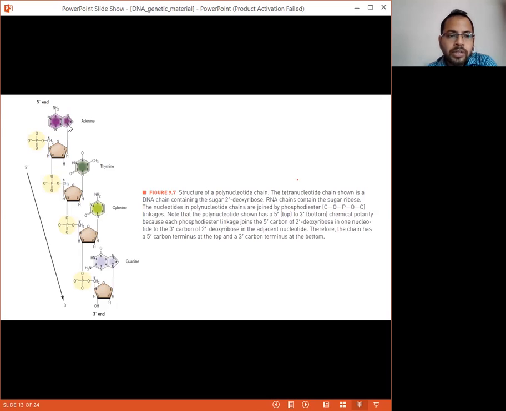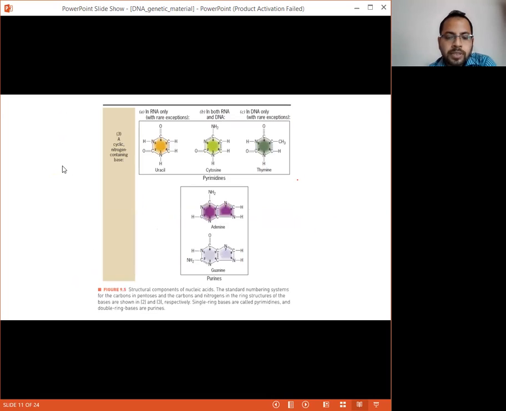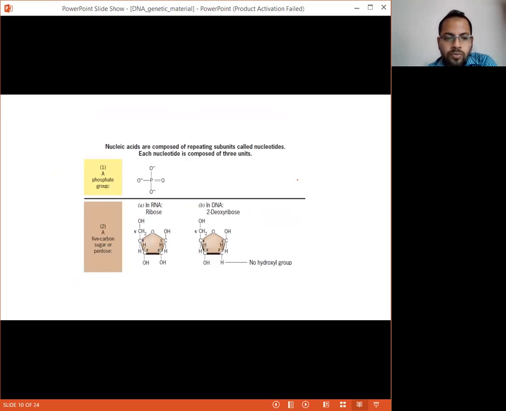So how can you differentiate between these two carbons? That's why in ribose only we place a prime symbol, 1', 2', 3', 4', 5', but not in the nitrogenous bases. Is it clear now?